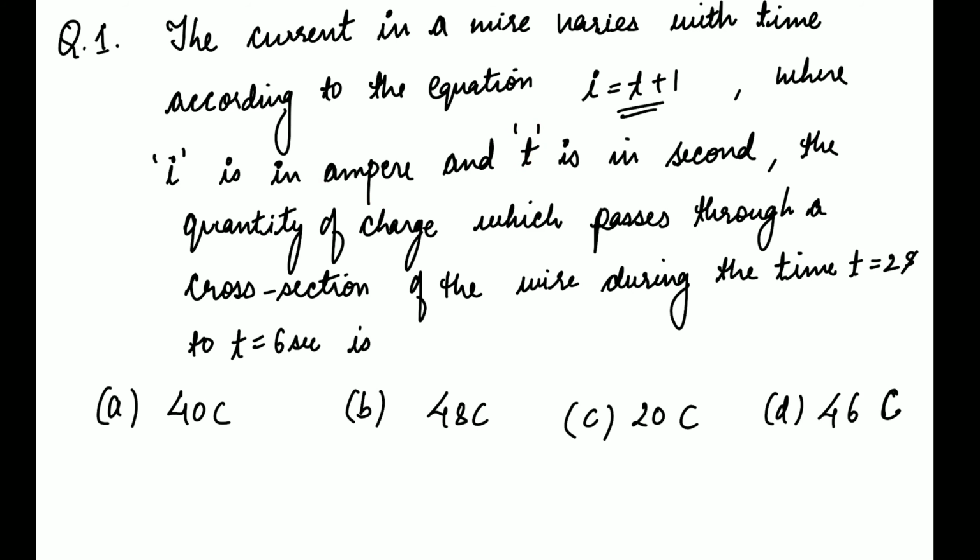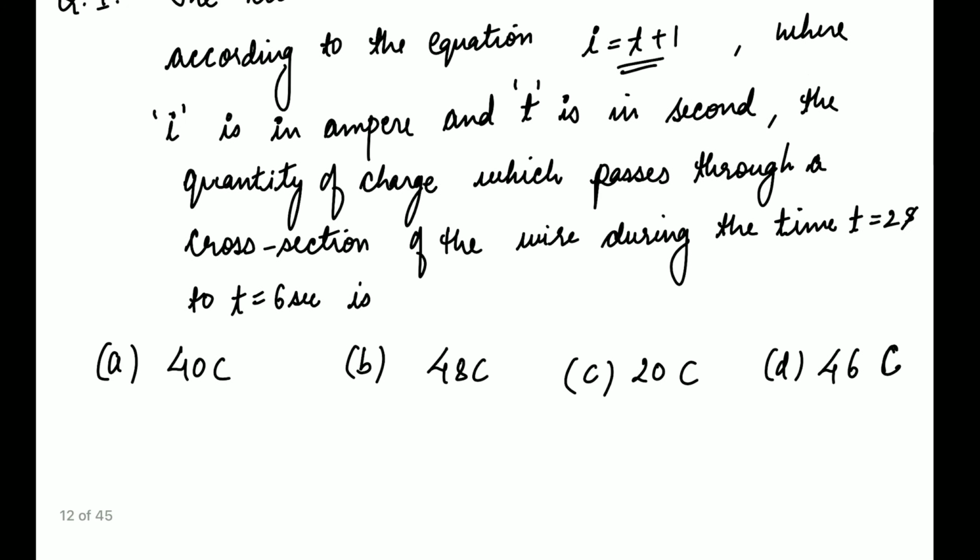The quantity of charge which passes through a cross section of the wire during the time t equals 2 seconds to t equals 6 seconds is: A, 40 coulomb; B, 48 coulomb; C, 20 coulomb; and D, 46 coulomb.